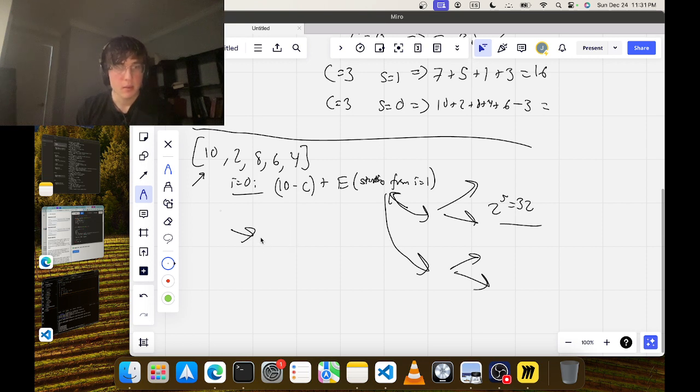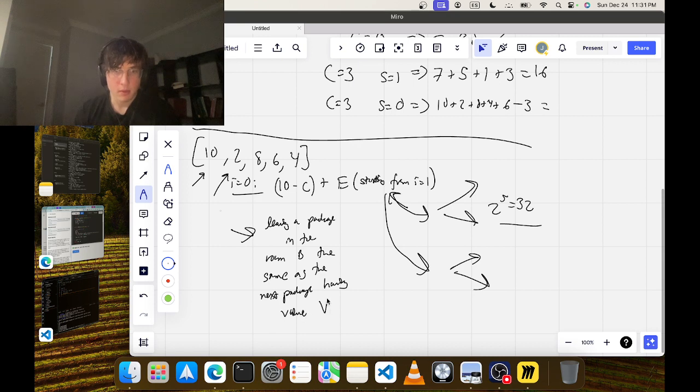Then you can imagine that leaving a package in the room is the same thing as the next package having value v_{i+1} plus v_i, the value of the one you just left in the room, multiplied by 1 minus s.